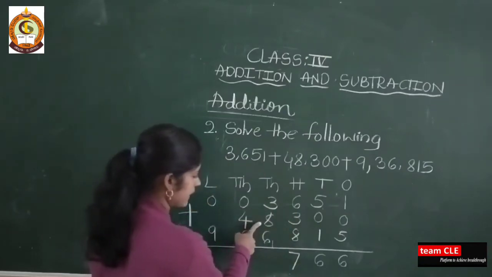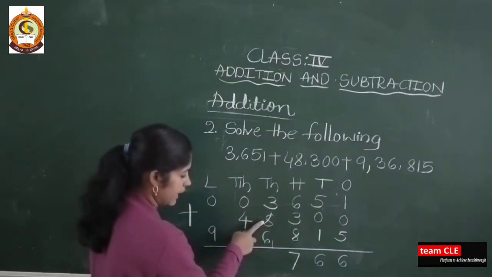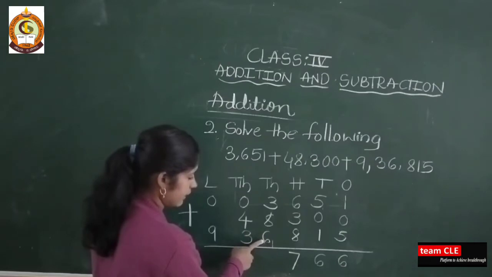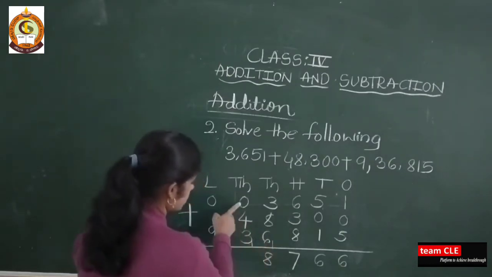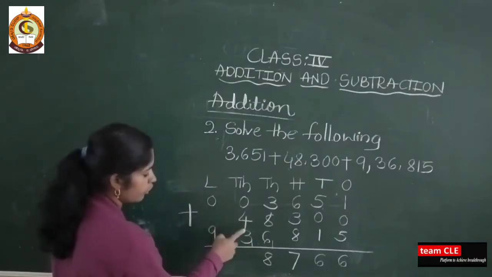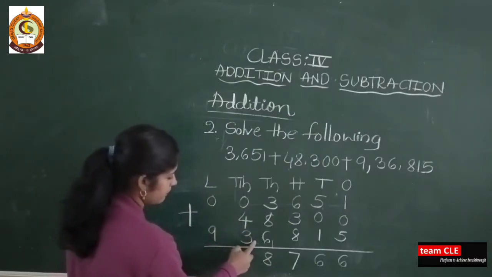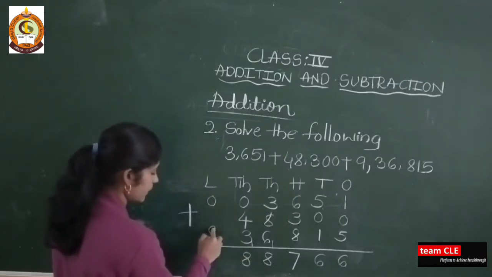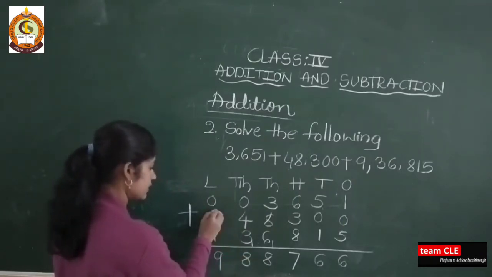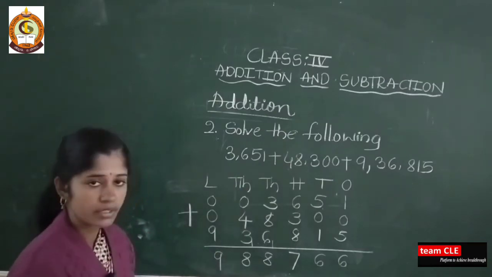Next, 3 plus 8 is 11, 11 plus 6 is 17, 17 plus 1 is 18. Next, 0 plus 4 is 4, 4 plus 3 is 7, 7 plus 1 is 8. 0 plus 9 is 9. If there is no digit, then you have to put 0 here.